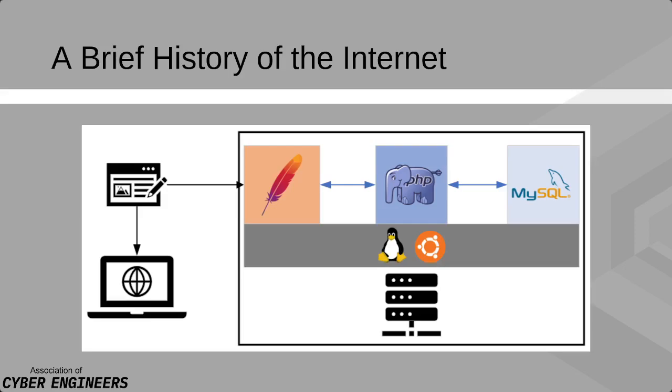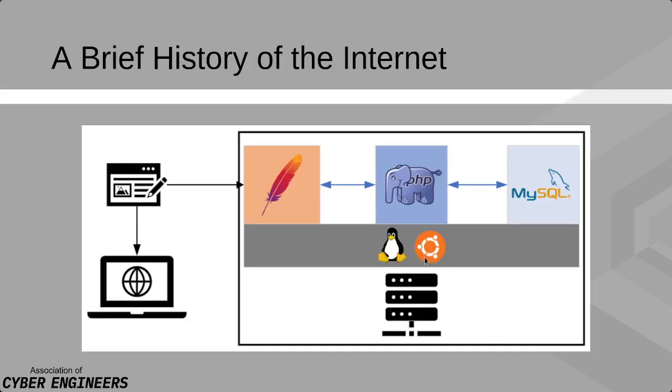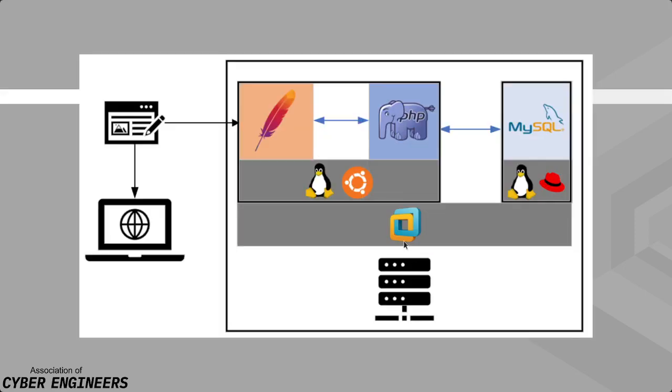So it's now, let's say, 2007, and I decide to go upgrade my system to use virtual machines. So instead of running my operating system on the server, I instead run a hypervisor. This is VMware on the server.